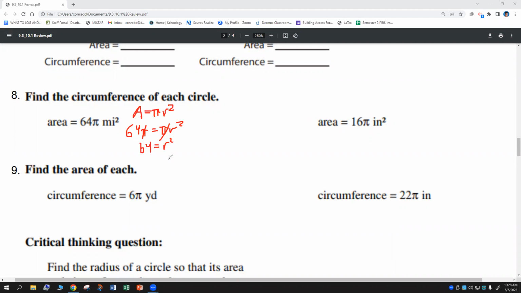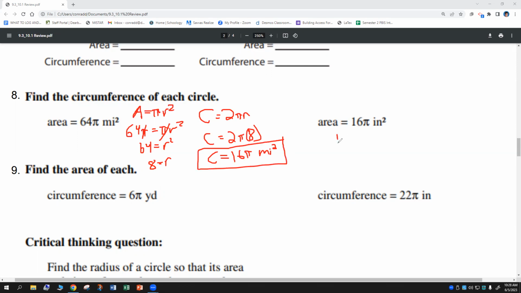And then you take the square root of both sides. That gives us 8. It really gives us plus or minus 8, but you're not going to have a minus 8 radius here. Great, and then we want to plug into the circumference formula. So 2 pi r. So that's going to be circumference equals 2 times pi times 8, which is going to give us 16 pi miles squared.